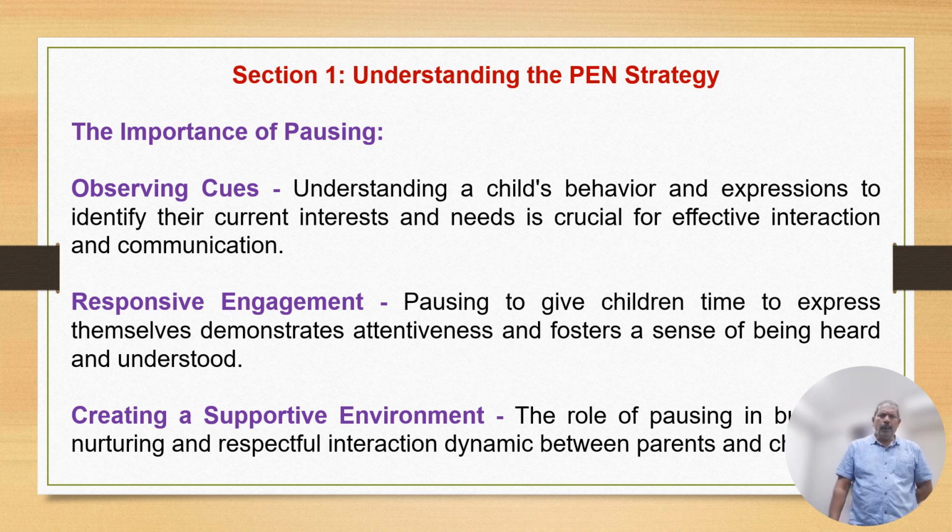Once you have seen that the child shows signs that he is willing to engage, that is the time for you to slowly go in and engage them. The role of pausing is to nurture and respect interaction dynamics.